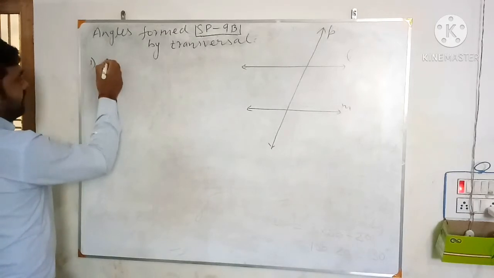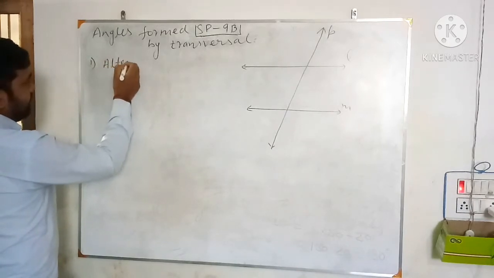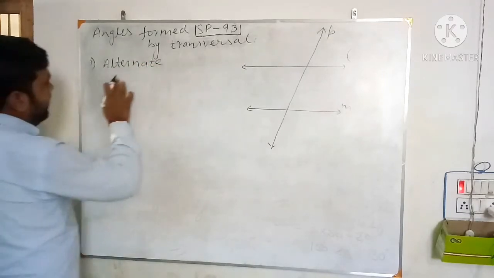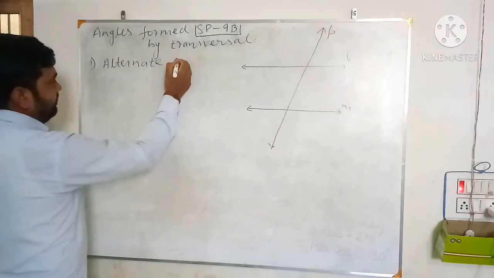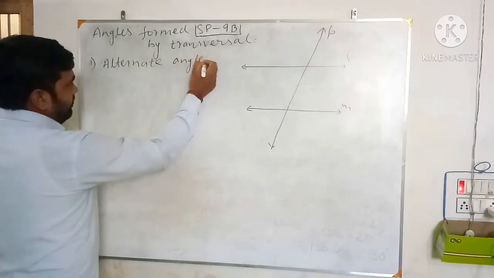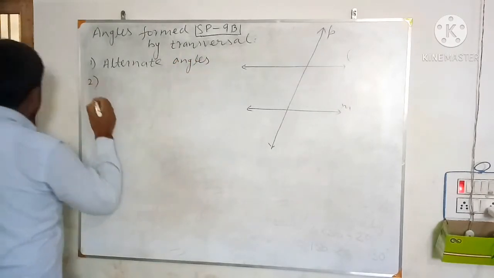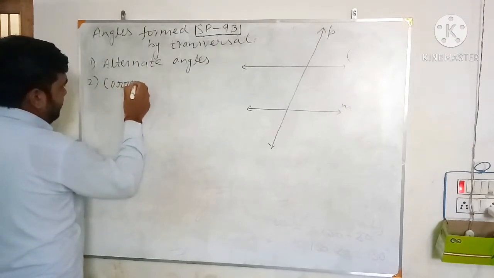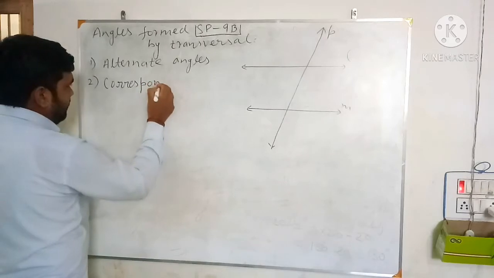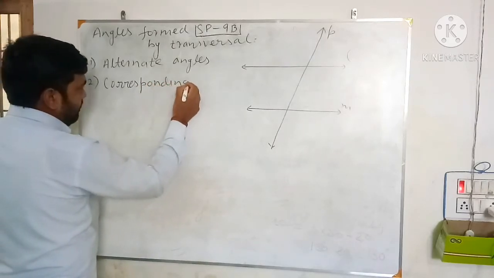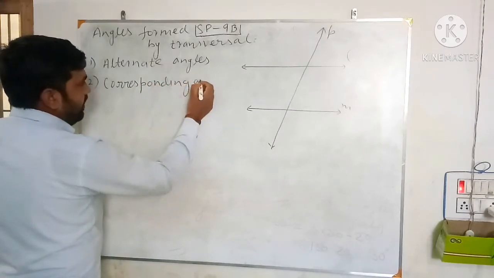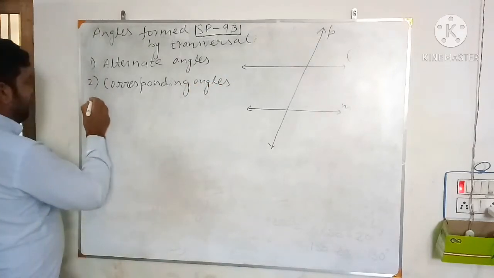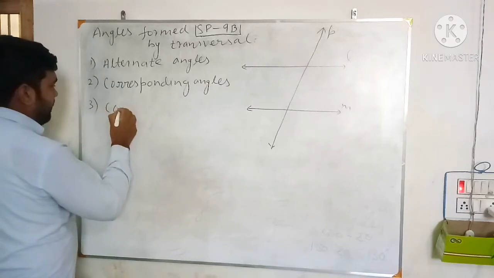First is the alternate angle, which is of two types, alternate interior and alternate exterior. Second, corresponding angles. And third, co-interior pair.